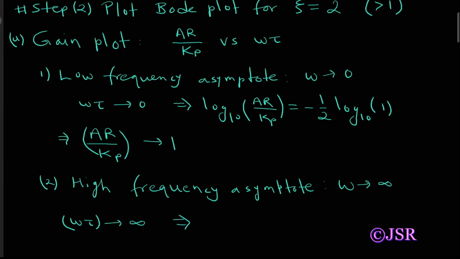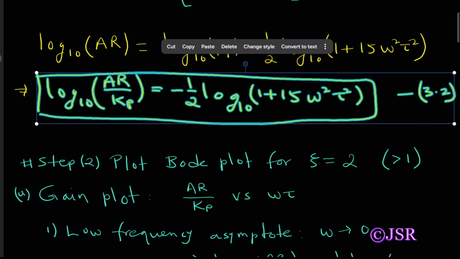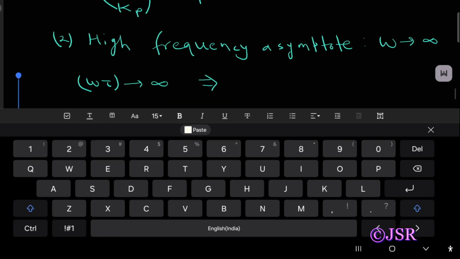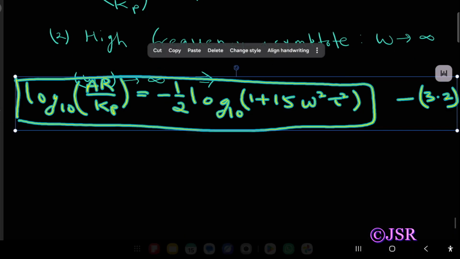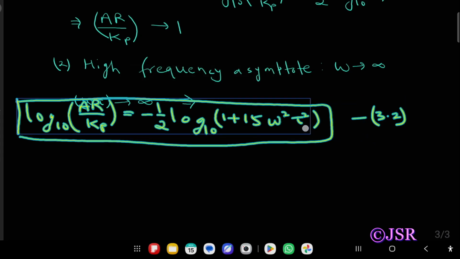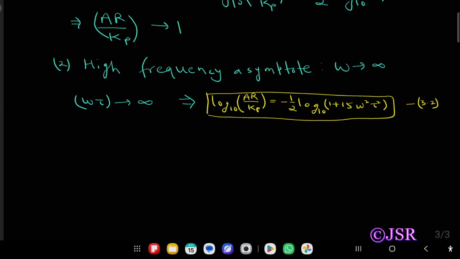So from equation number 3.2 we will have log 10 AR by Kp equal to minus half log 10 1 plus omega square tau square.